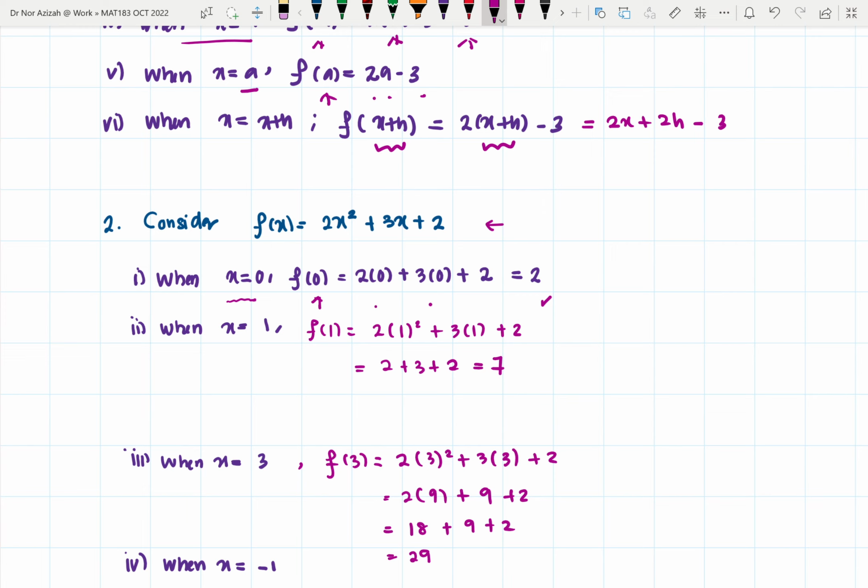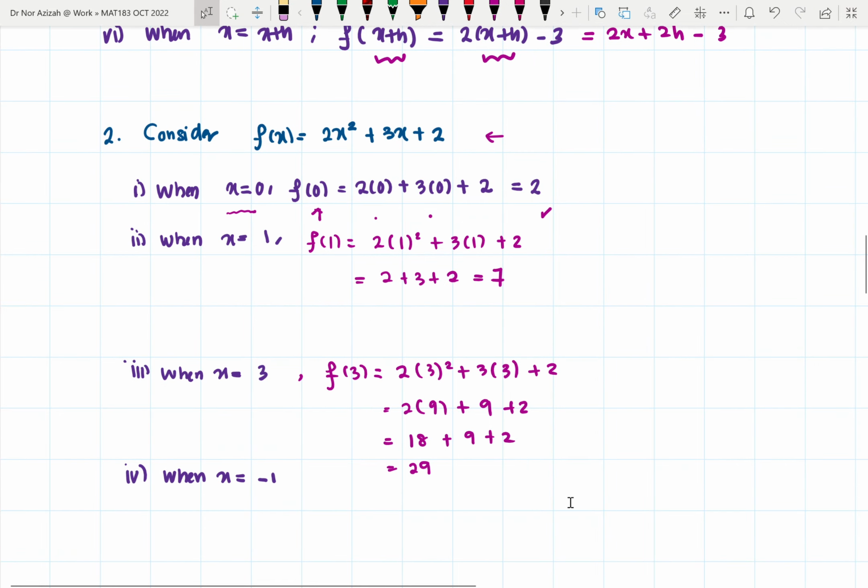Next, find the value of f(x) when x equals minus 1. So f of minus 1 is 2 times negative 1 to the power of 2 plus 3 times negative 1 plus 2.